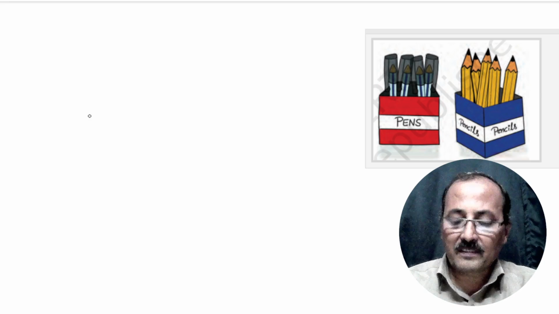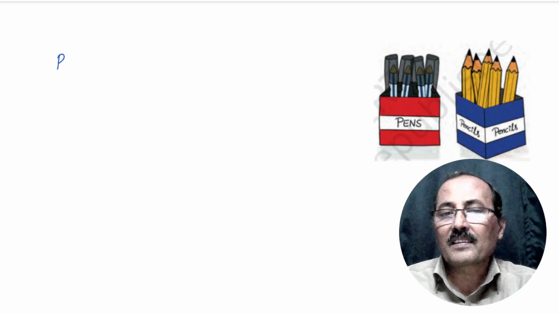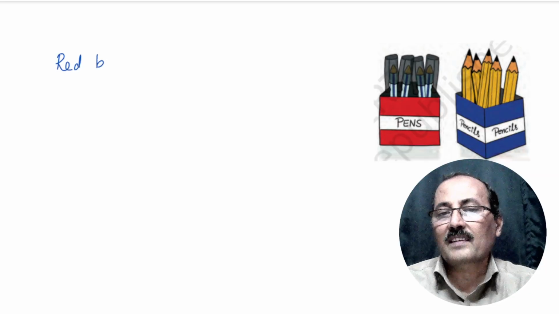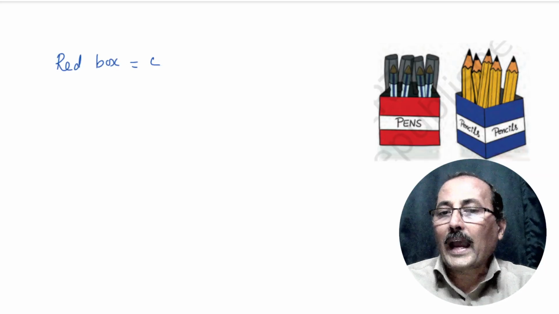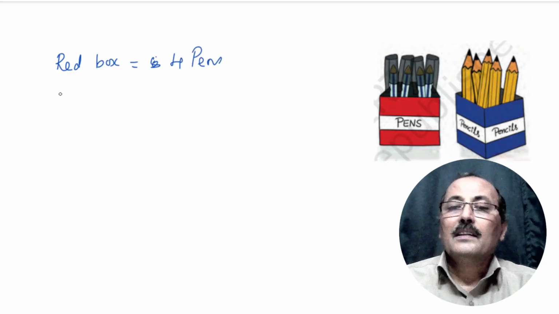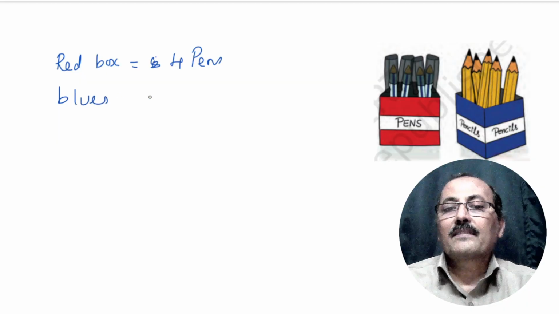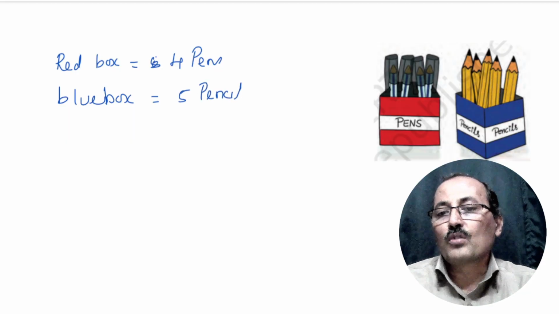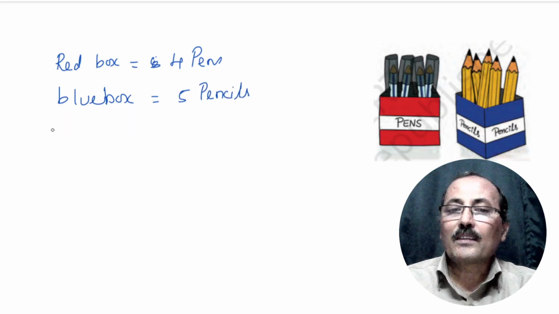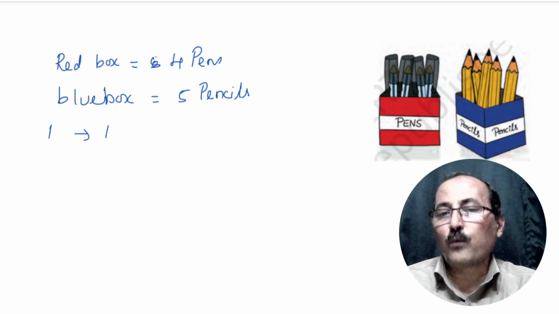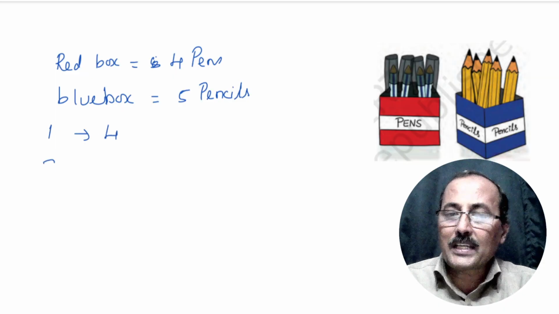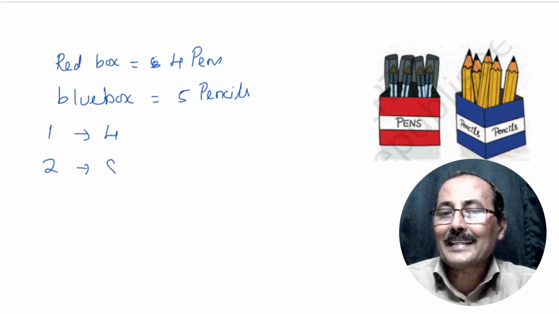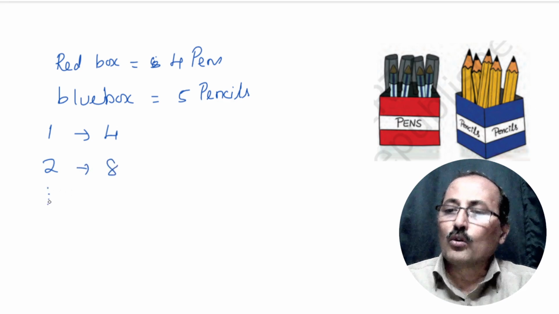The shopkeeper says a red box is sealed. A red box contains 4 pens and a blue box contains 5 pencils. Suppose he buys one box, he will get 4 pens. If he buys 2 boxes, he will get 8 pens. Like that, he goes on.